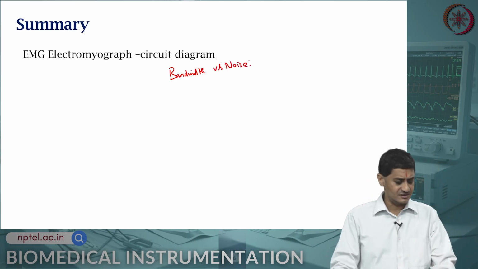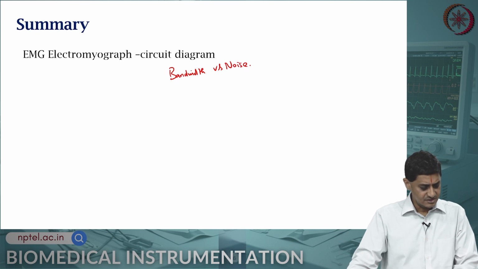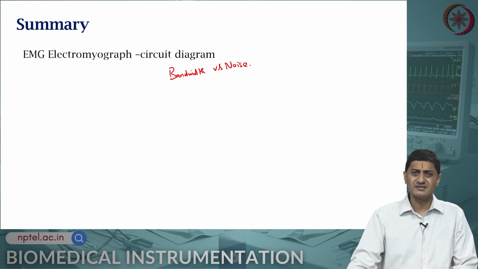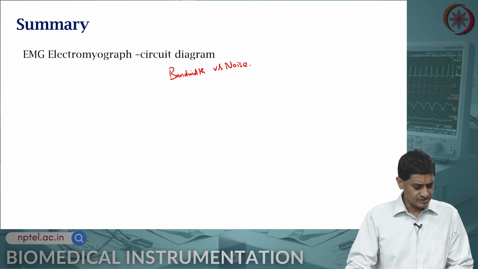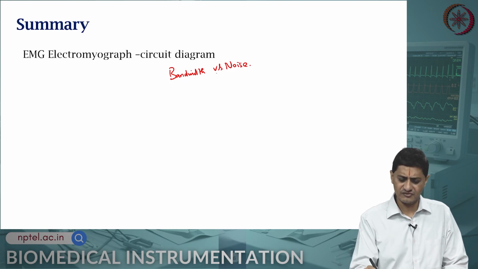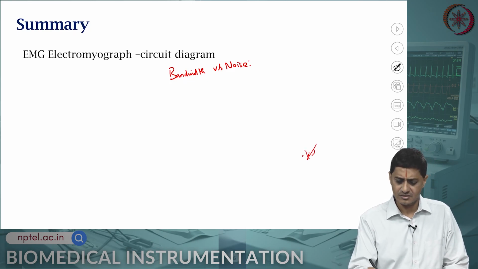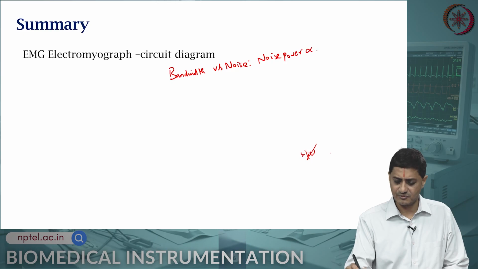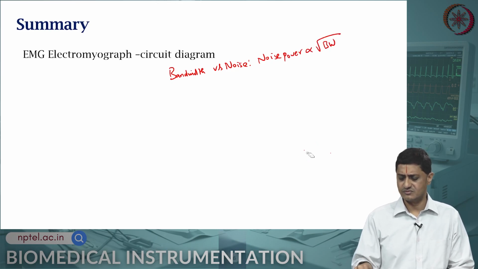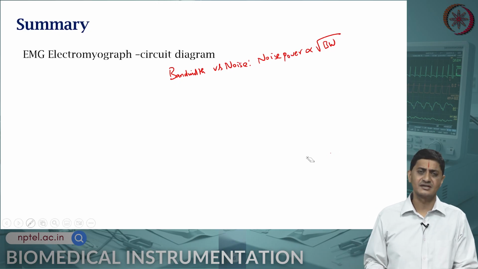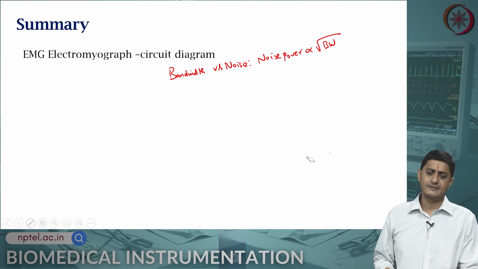How are bandwidth and noise related? Noise power is proportional to square root of bandwidth, something that we know from our basic electrical engineering.